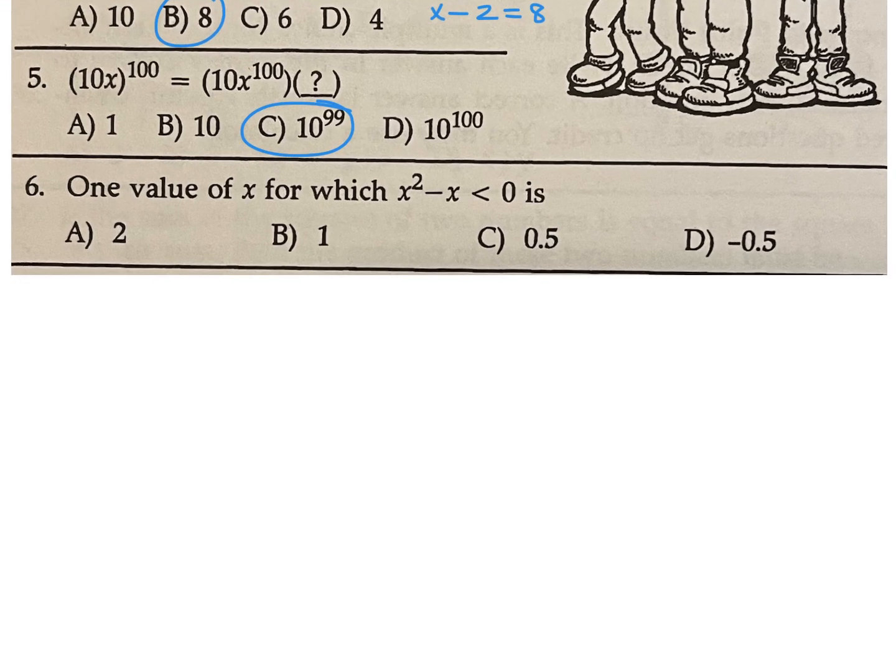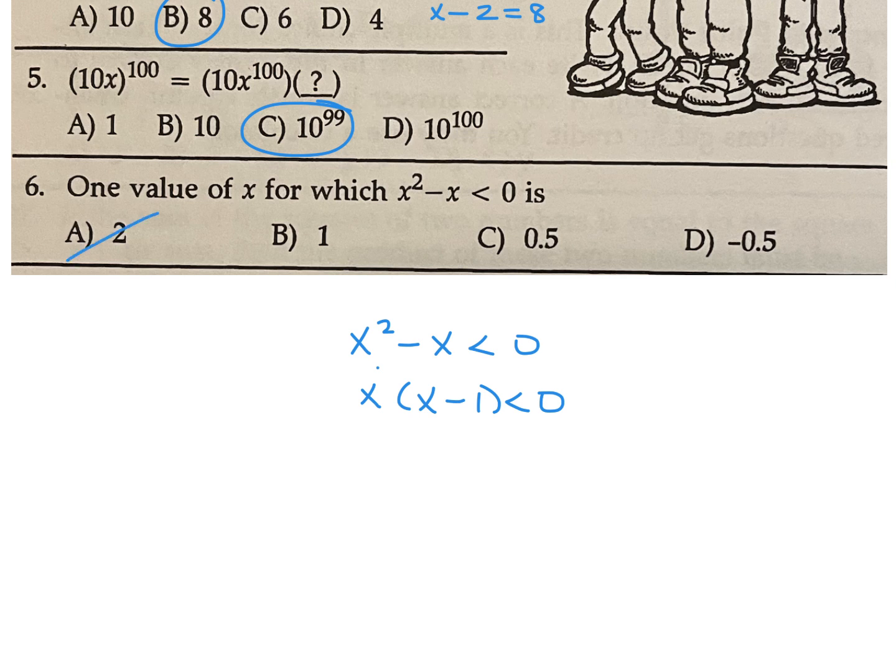One value of x for which x squared minus x is less than 0 is. Okay. Well, let's see. x squared minus x is less than 0. So let's factor out the x. x times x minus 1 is less than 0. Well, I don't know. I'm just going to go with the answer choices. If it's 2, it would be 2 times 1, which is 2, which is not less than 0.